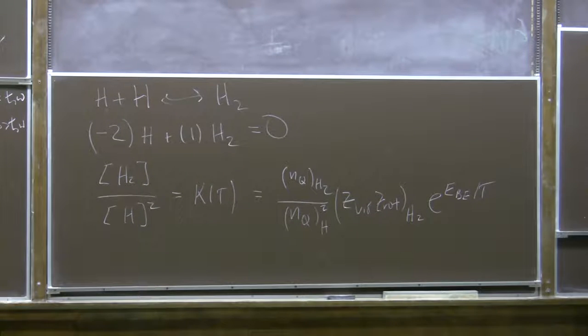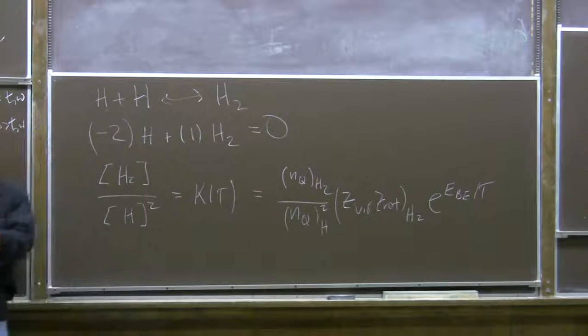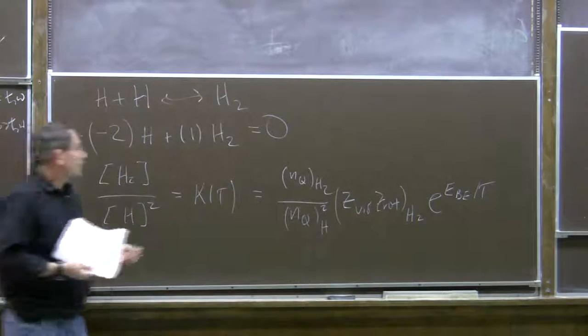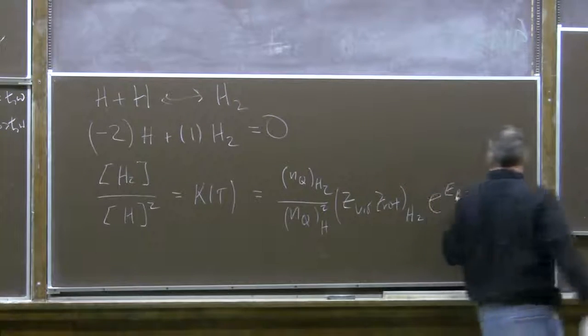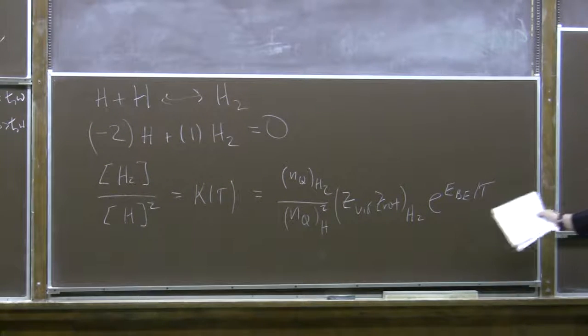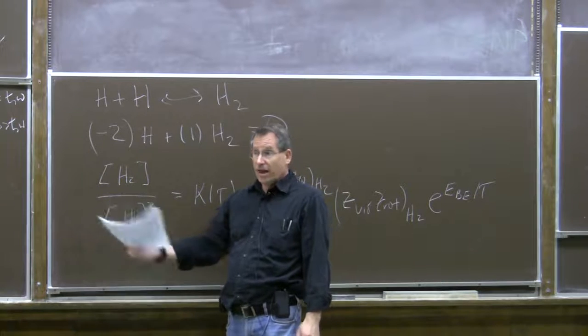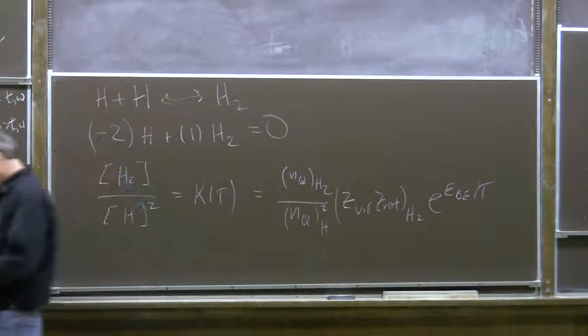Or another way of saying it is, if we have a lot of molecular hydrogen at low temperature, it's very hard with a thermal fluctuation to break a molecule apart into two atoms. Okay? So at low temperature, the binding energy, which I'm defining to be positive, will enhance the concentration of molecular hydrogen relative to atomic hydrogen. Okay?